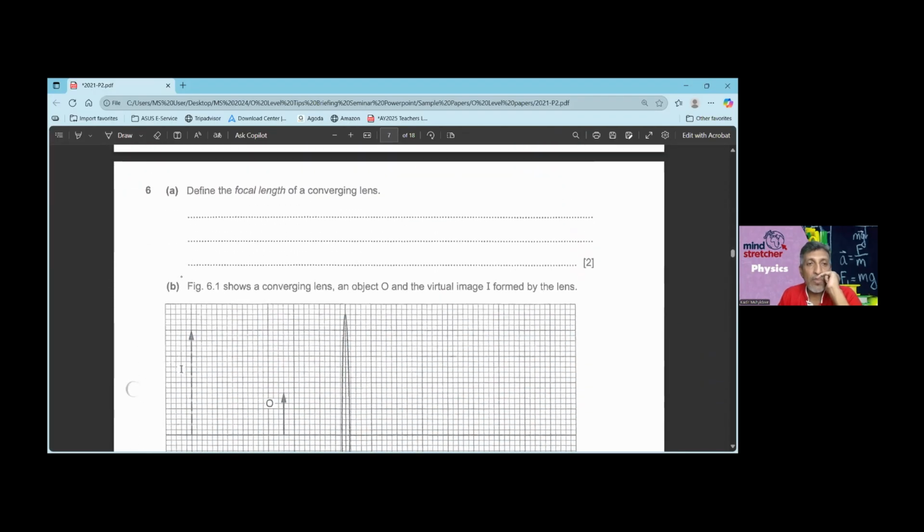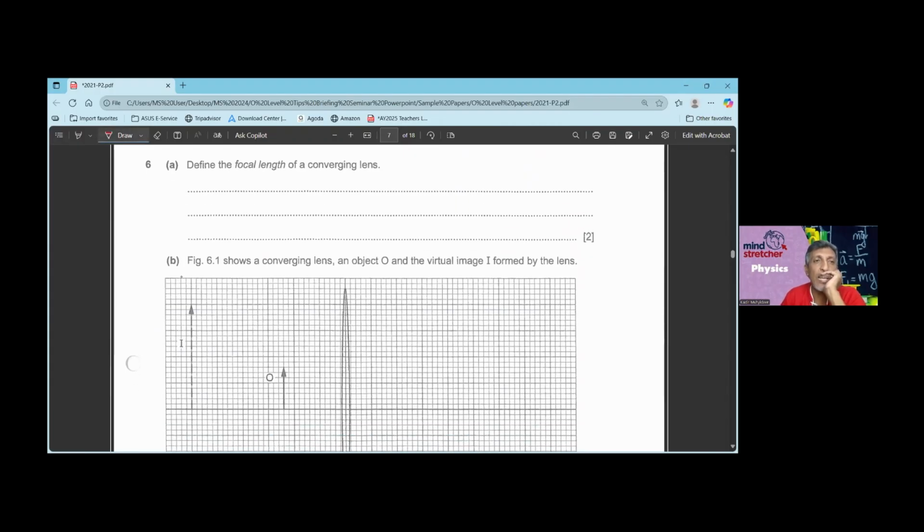All right. This part, for combined science students, we don't really need to know. Maybe the focal length. The focal length of a converging lens is the distance between the center of the lens, or the optical center, and the focal point.